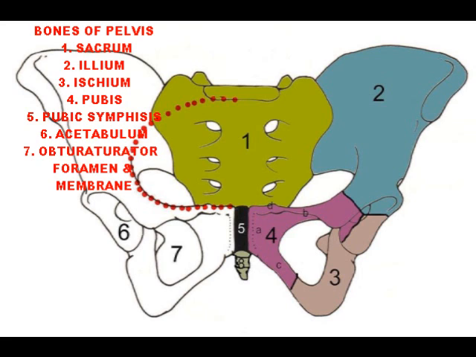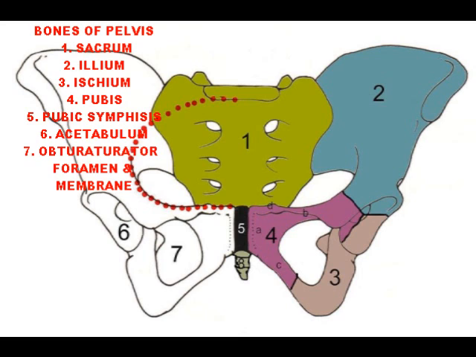Okay, so this is the front anterior view of the pelvis and all the bones of the pelvis. Number one is called the sacrum. It's in the middle, and this is not listed on there, but in between number one and number two is the sacroiliac joint, which means it connects those two bones together.